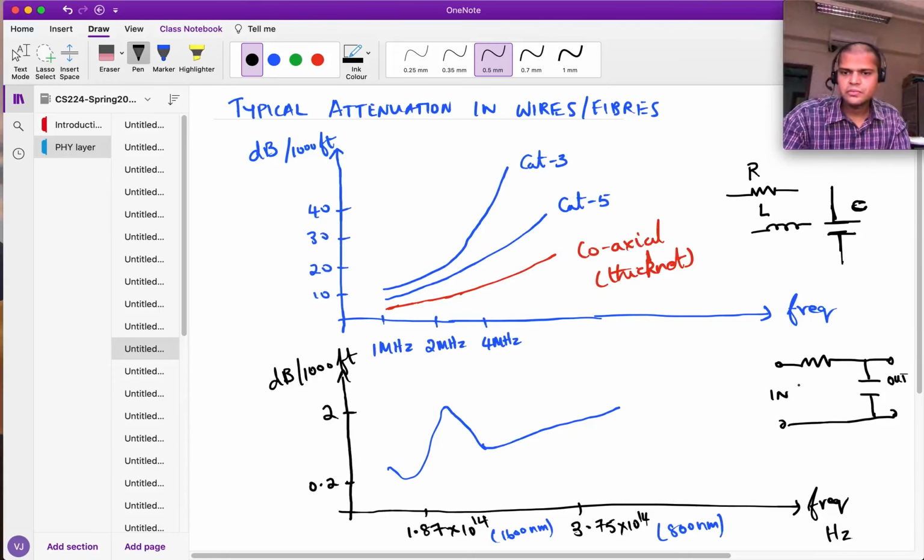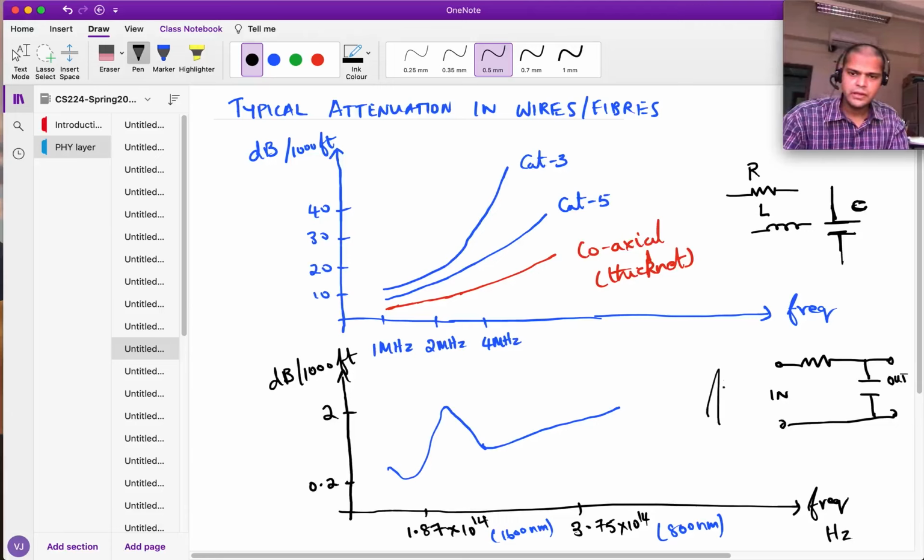So suppose you have a frequency of f0 here, what is the output going to be? And you can show that this is a simple example of something called a low pass filter, okay, which means that if your frequency is low, it gets through pretty much without attenuation to the output. But if you have very high frequency, this capacitor is going to dampen out things. It's not going to let that frequency through, right?